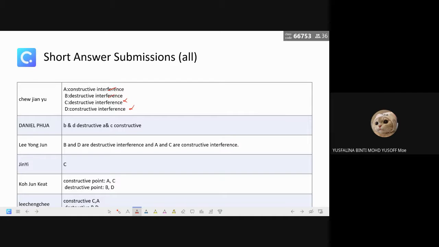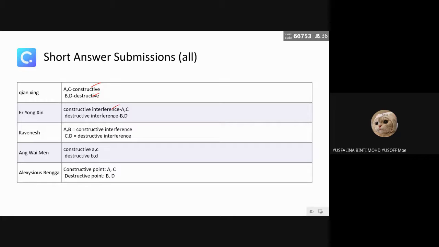B and D are destructive, A and C constructive, correct? Good. This one is wrong.